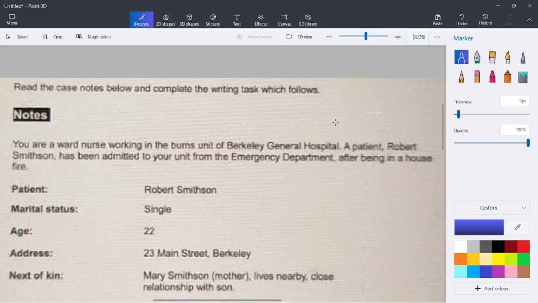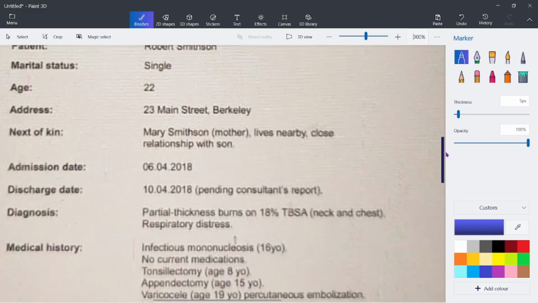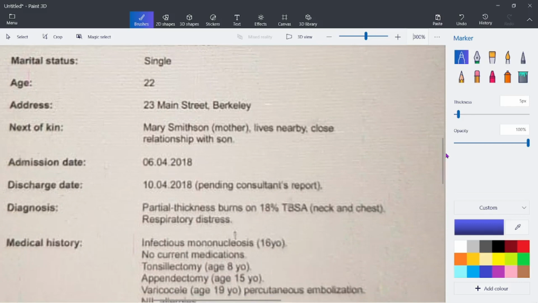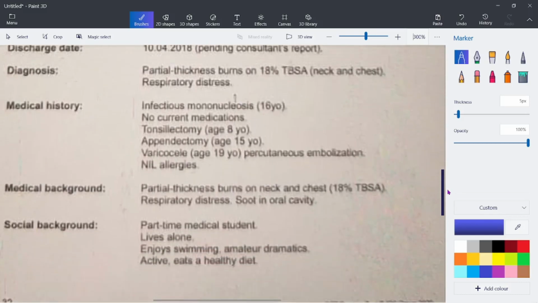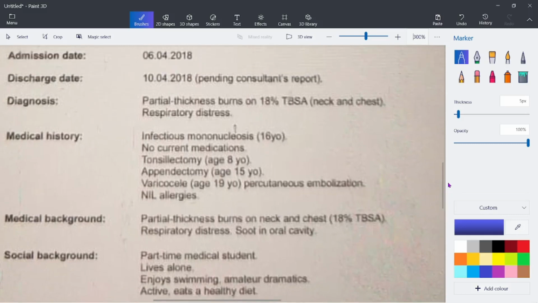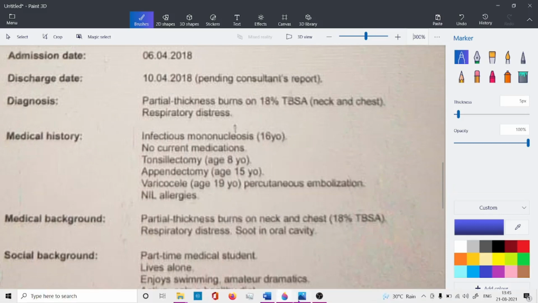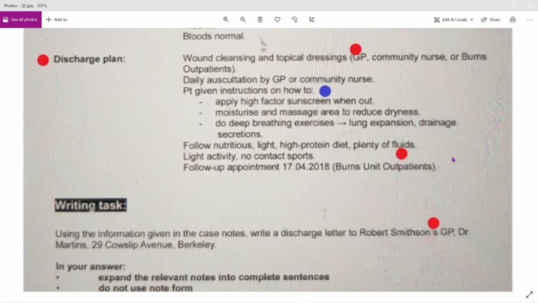Okay, here it's written, you are a ward nurse. You can read, or you can also pause the video and watch, because otherwise it will be a waste of time. See, here also. This is the next page.